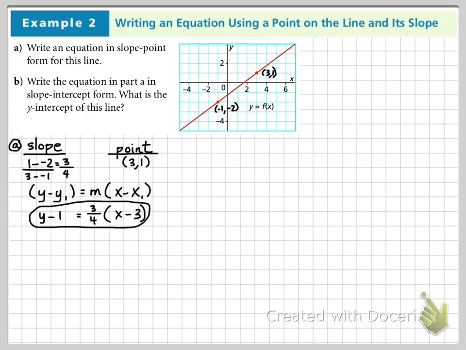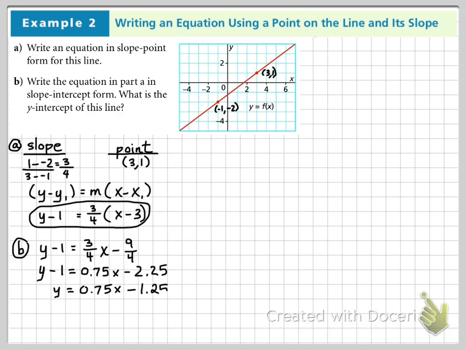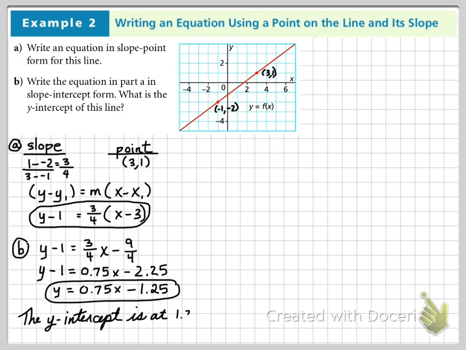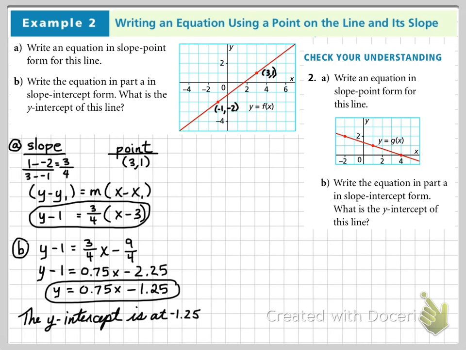Now it says to write an equation in slope y-intercept form. Okay, so what I'm going to do is multiply the 3/4 times x and the 3/4 times the -3, converting everything to decimals, and adding 1 to both sides. I get y is equal to 0.75x minus 1.25. So we can say that the y-intercept is at -1.25.